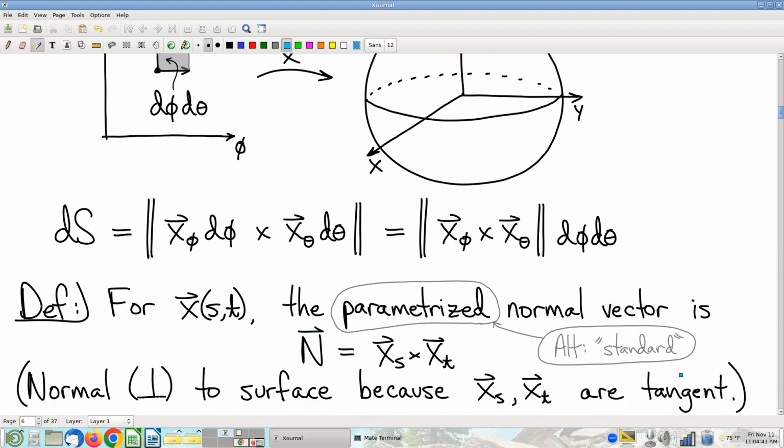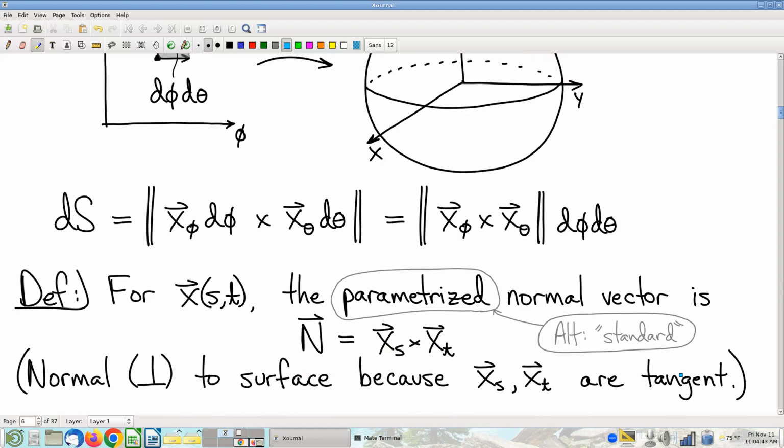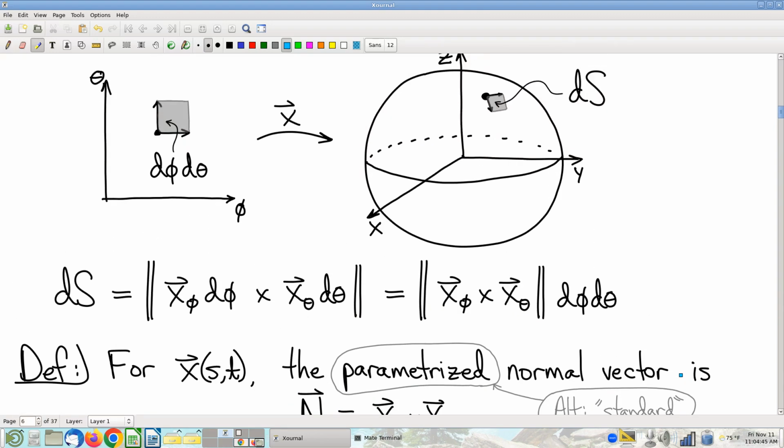Okie dokie. So, by the way, another neat thing about this, don't forget that these vectors here are tangent vectors because they're tangent to the coordinate curves.